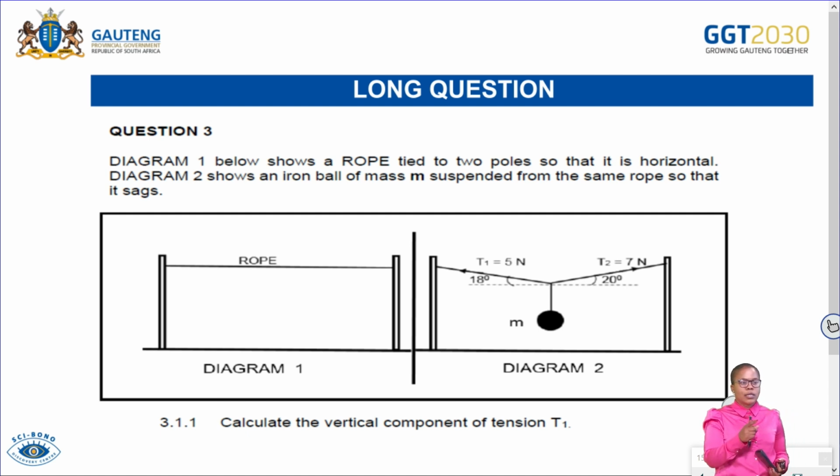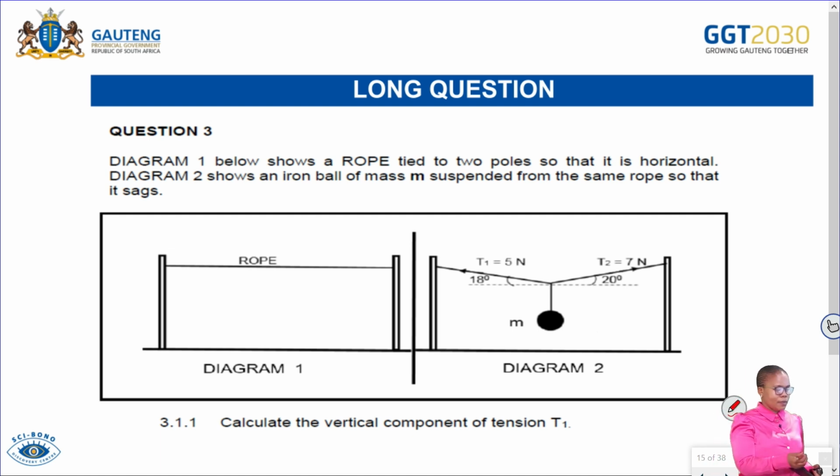So in diagram 1, it's just a rope tied on both ends, and in diagram 2 we've tied an iron ball of mass M to the same rope so that it sags, creating an angle on both sides. The first question, 3.1.1: calculate the vertical component of tension 1.